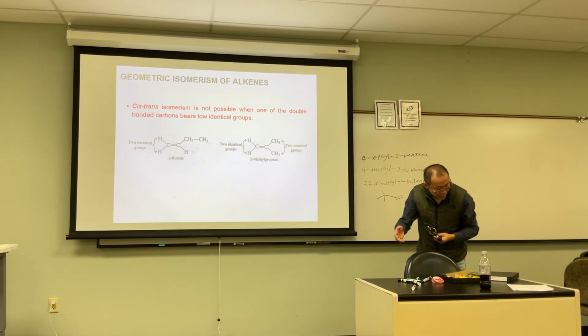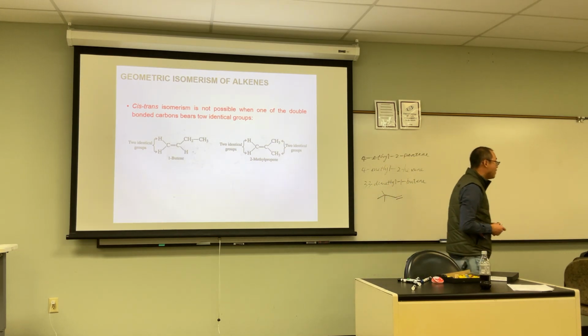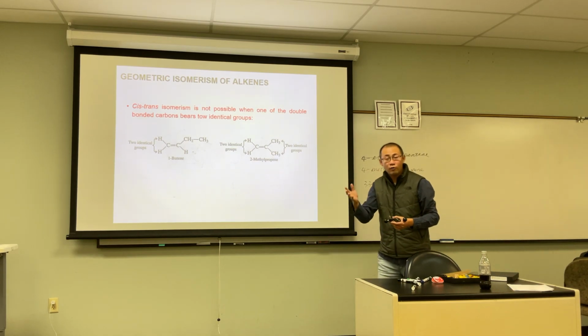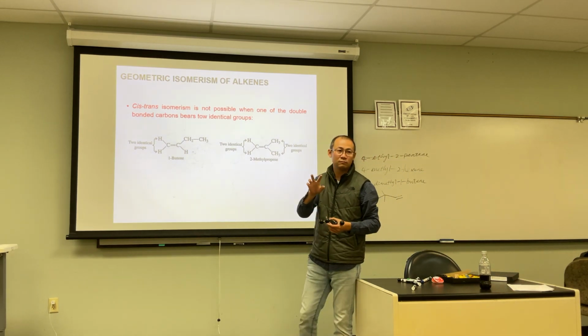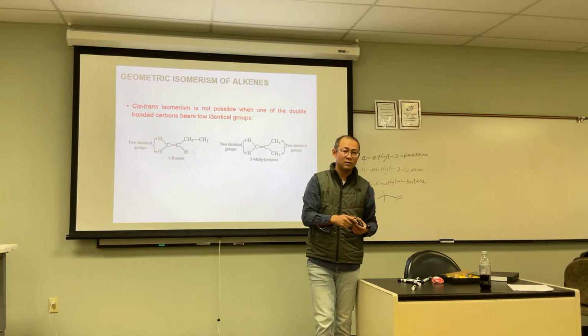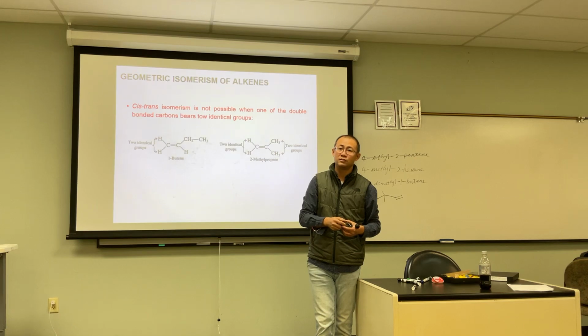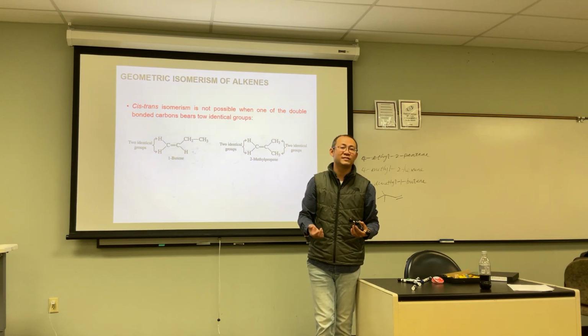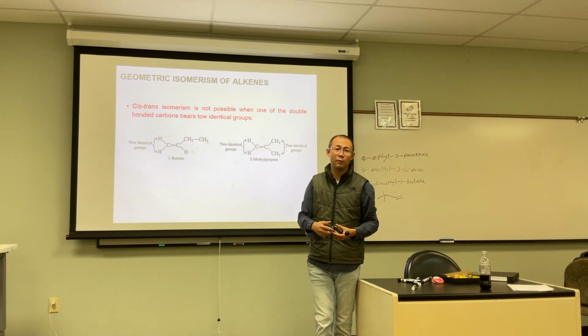Right? Now, before we move on, alkenes, because of the double bond, you will possibly have cis and trans isomers. So how can we tell? How do we know if I see an alkene structure, whether it has cis or trans isomers? Here is a very simple way.